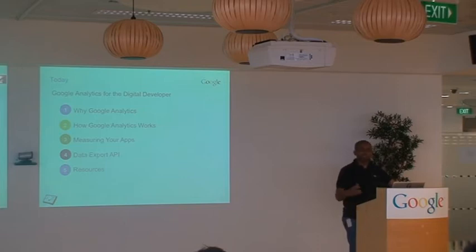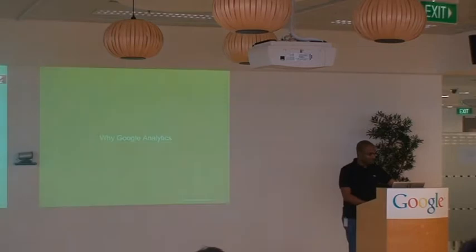There was a question about taking the data out of Google Analytics, so you can export reports from the interface, but we also have a data export API as well. I want to show that to you very quickly too, for you to see the potential you can have by pulling the data out of it. And then I'll leave you with a few resources so you can go away and try out these things on your own. Okay.